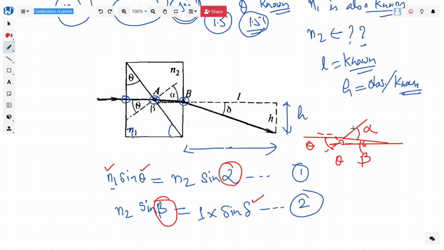And hence we'll find that the alpha angle is slightly bigger than that, so alpha plus this angle over here.